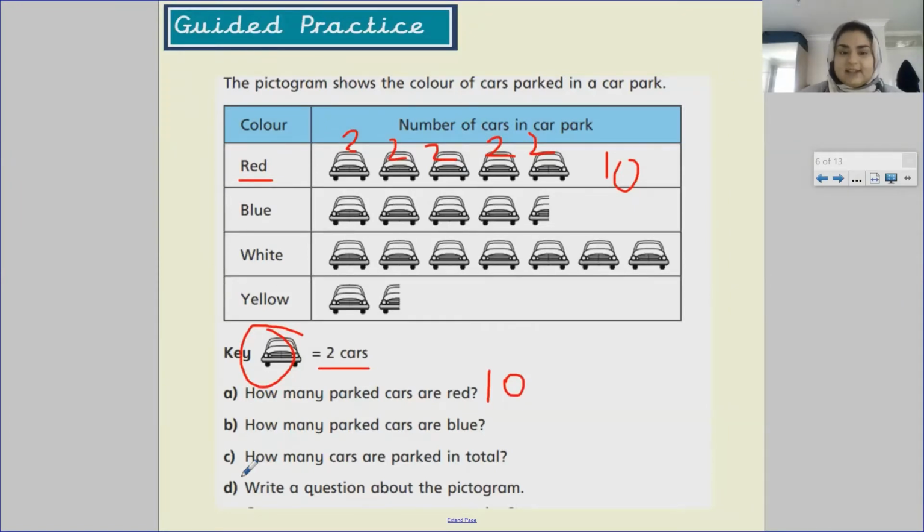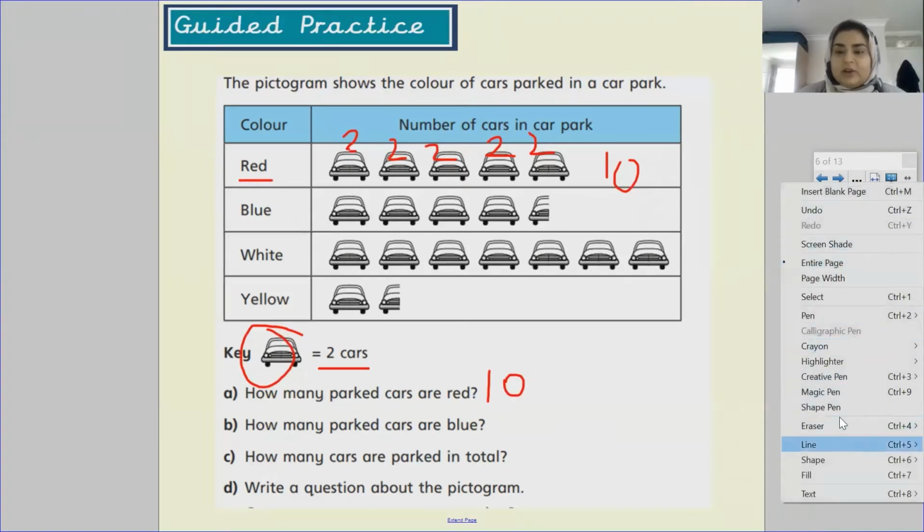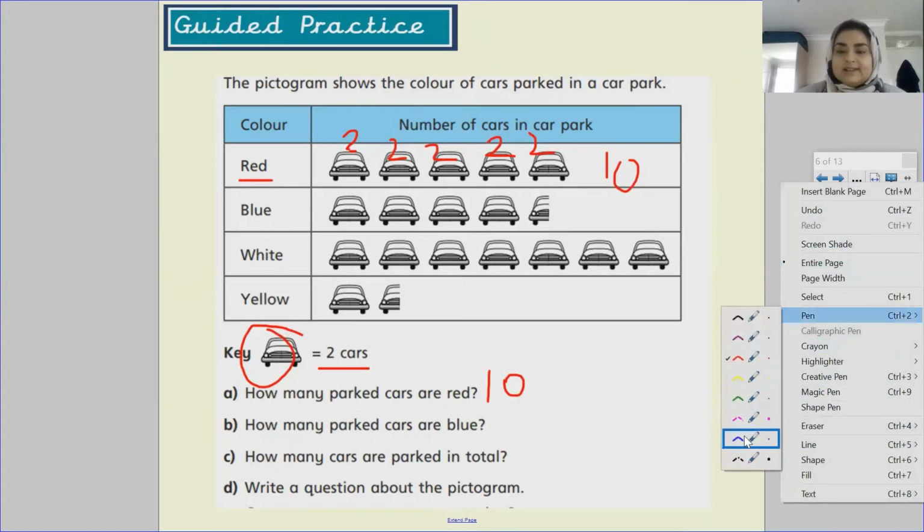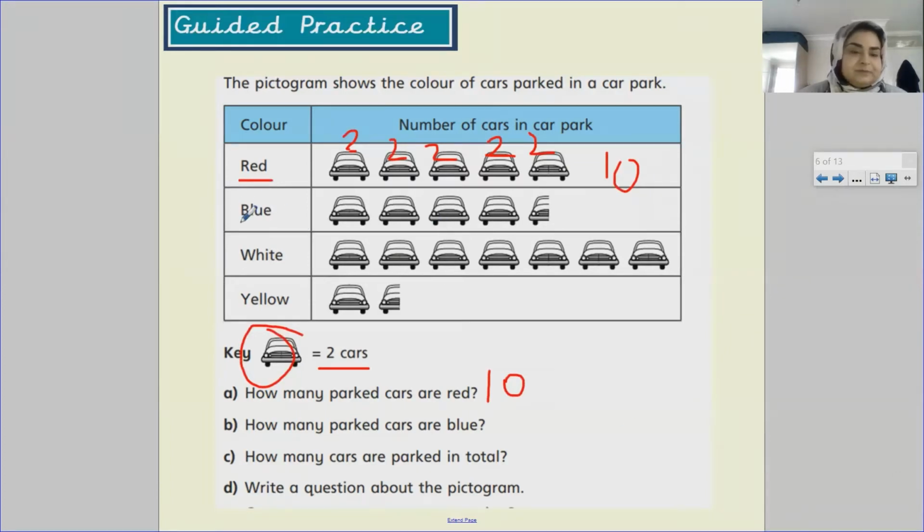All right, fantastic. So the next question says, how many parked cars are blue? So now we're looking at how many blue cars there are parked. So blue, I know each one of these is 2, but oh wait, look over here, that is half a car. So if a full car is 2, how many do you think a half a car would be?